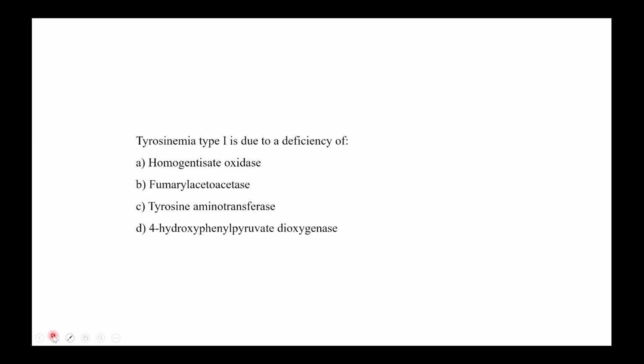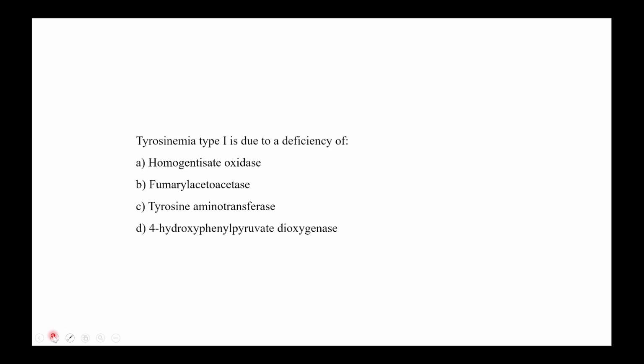Moving on to the next question now. Tyrosinemia type 1 is due to deficiency of which enzyme?